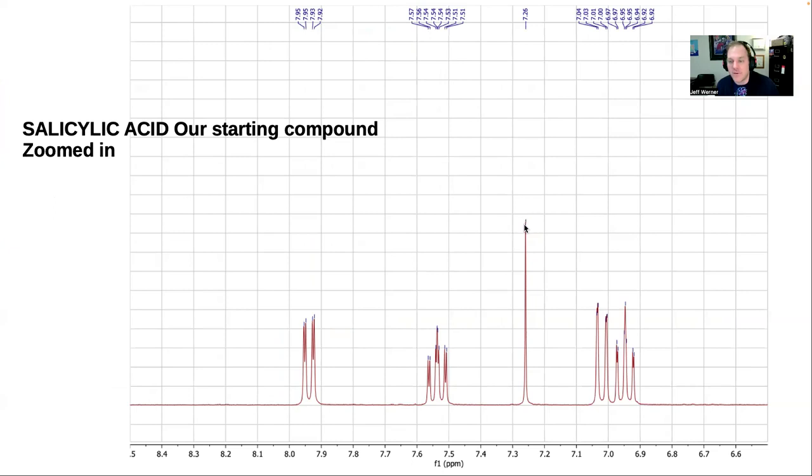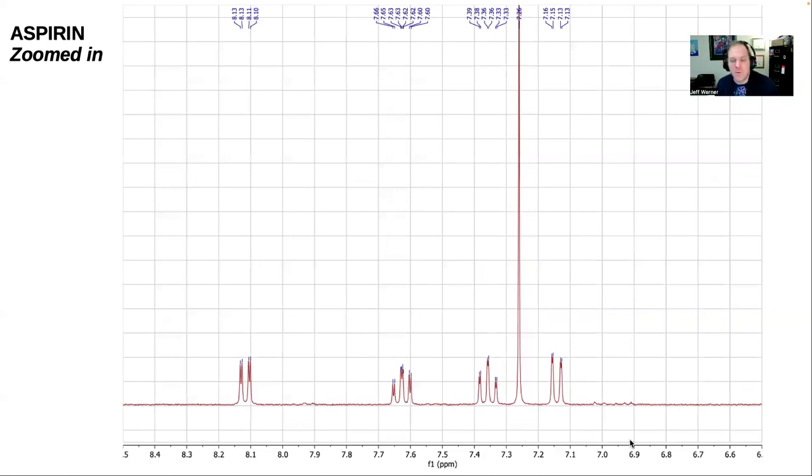This peak here is actually the same. Look at that, 7.26. It's in exactly the same spot, and it's a singlet, meaning it's a single peak. Then we've got these other little clusters of peaks here. We've got one between 7.5 and 7.6, and one between 7.9 and 8. And then we've got this other cluster that looks totally different, between 6.9 and 7.15 or so.